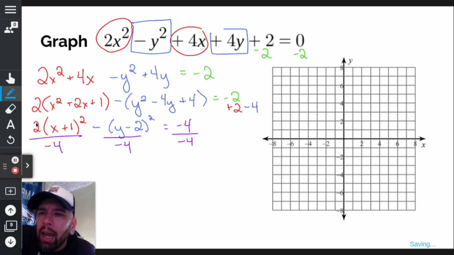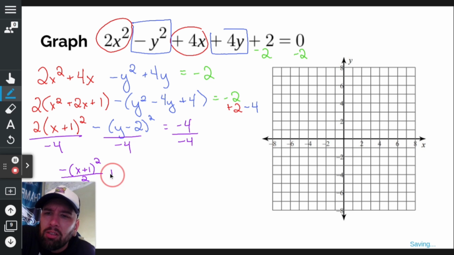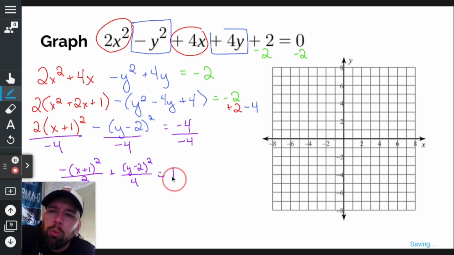So now what we have is 2 over negative 4, negative x plus 1 squared over 2 plus y minus 2 squared over 4 equals 1.